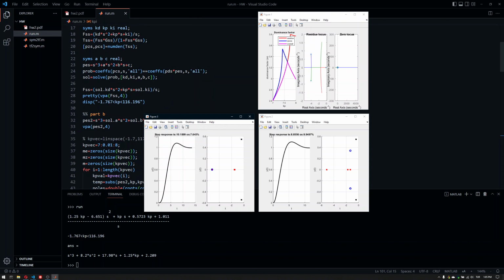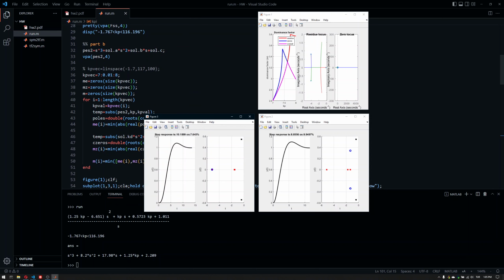And in part B, we tried to maximize the dominance of the zeros and the poles simultaneously, and it gave us a narrow band where we could accomplish that, and we've chosen the best we could find in terms of dominance.